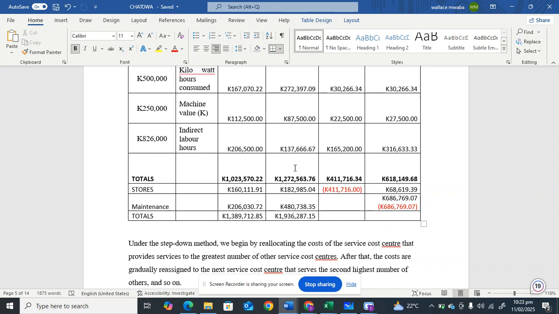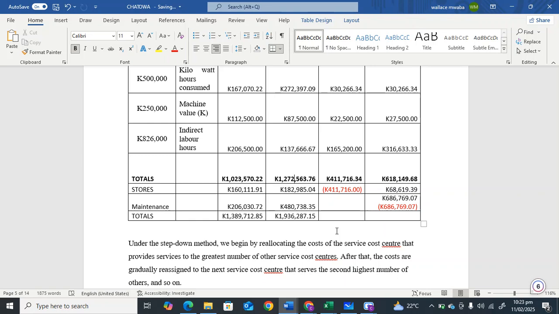So their overheads are going to have to be reapportioned back to the production departments. There are many ways to reapportion them, but in this question specifically, they told us to use the step down method.